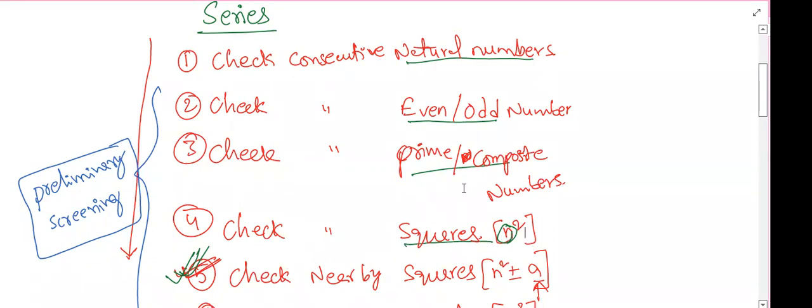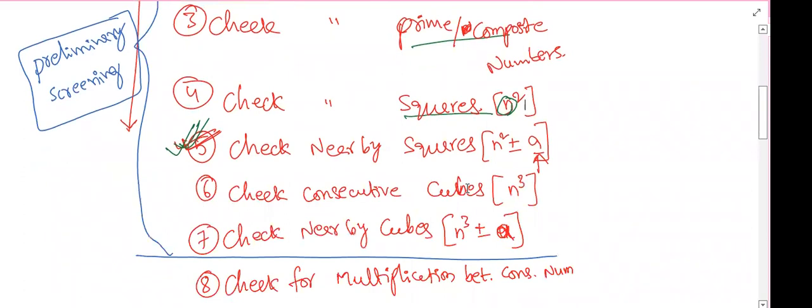And every time when we substitute natural numbers, will the series be the same? Suppose n square is the pattern. Every time I substitute natural numbers, will the series be the same?